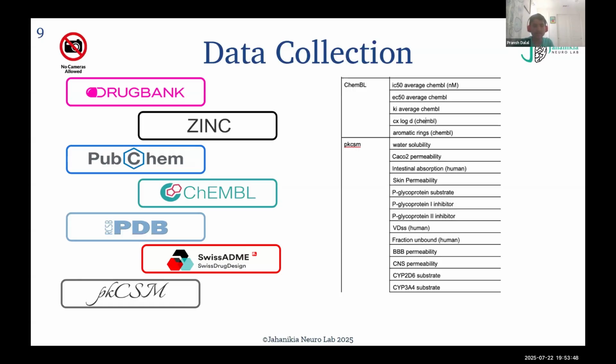And all of these properties were gathered from publicly available datasets, including DrugBank, Zinc, PubChem, ChEMBL, PDB, SwissADME, and pkCSM. And this helped us build our complex dataset, which was the foundation for our project.